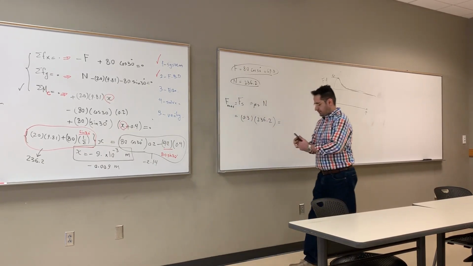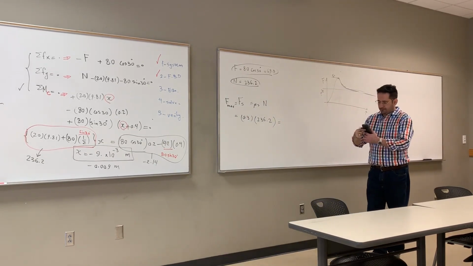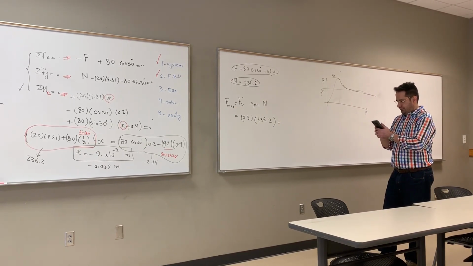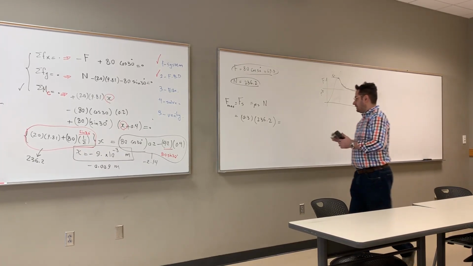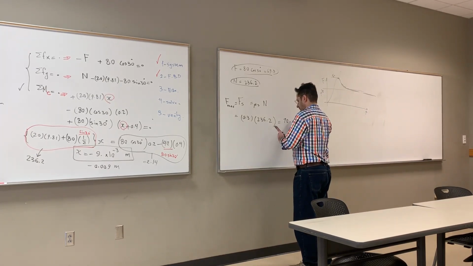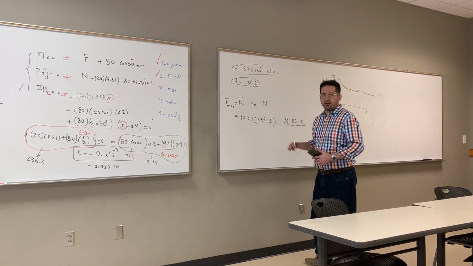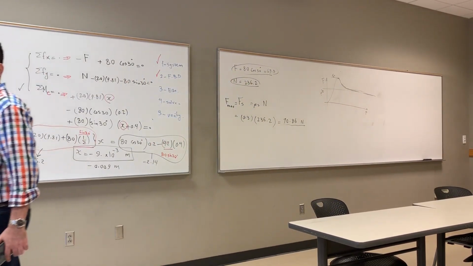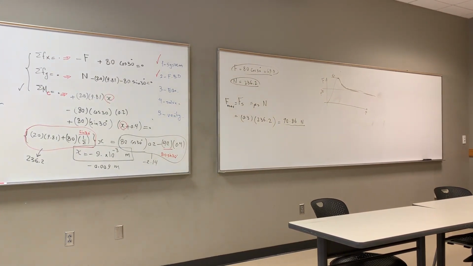So the maximum force is 0.3 times 236.2, which is 70.86. So this is the maximum friction force before the object starts to move or slide.